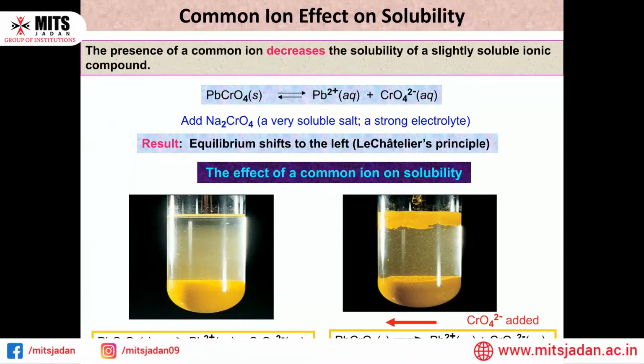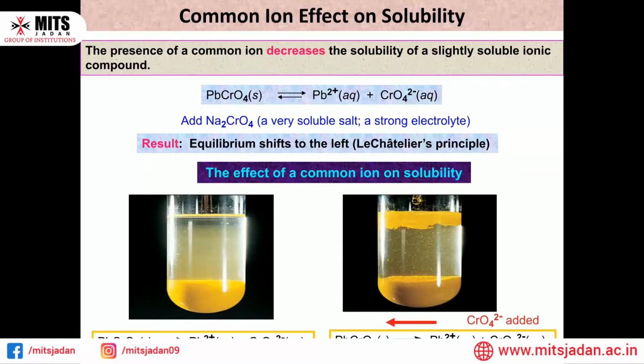Look at the original equilibrium expression again. What would happen to that equilibrium if you added extra chromate ions? According to Le-Chatelier principle, the position of equilibrium would shift in order to counter what you have just done. In this case, it would tend to remove the chromate ions by making extra solid lead chromate.